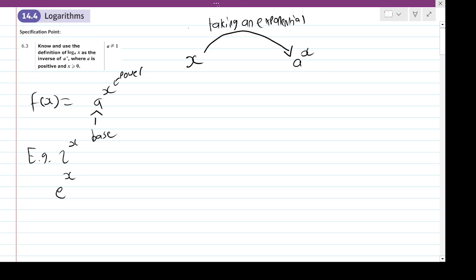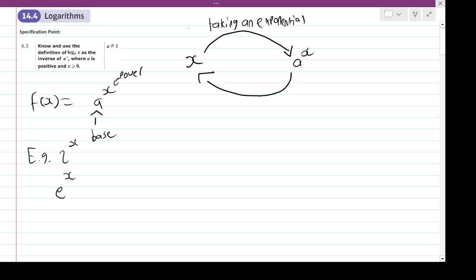But my question is, what if instead we started with my exponential, and went in reverse and tried to find the missing power x?